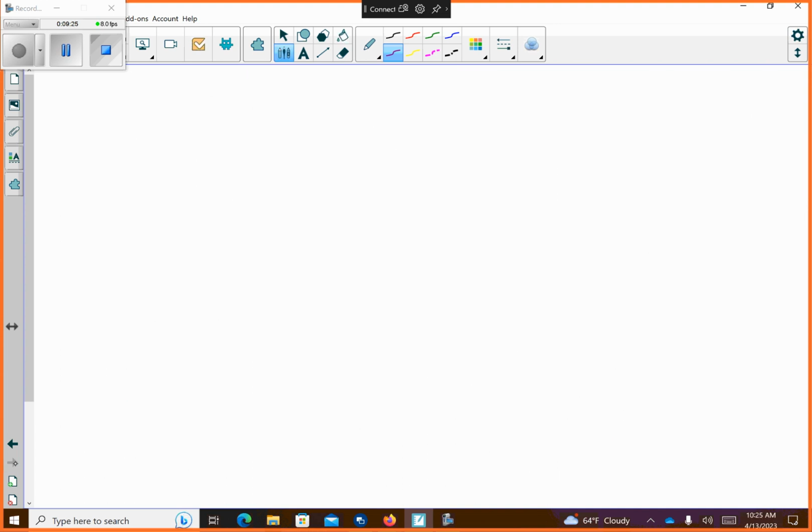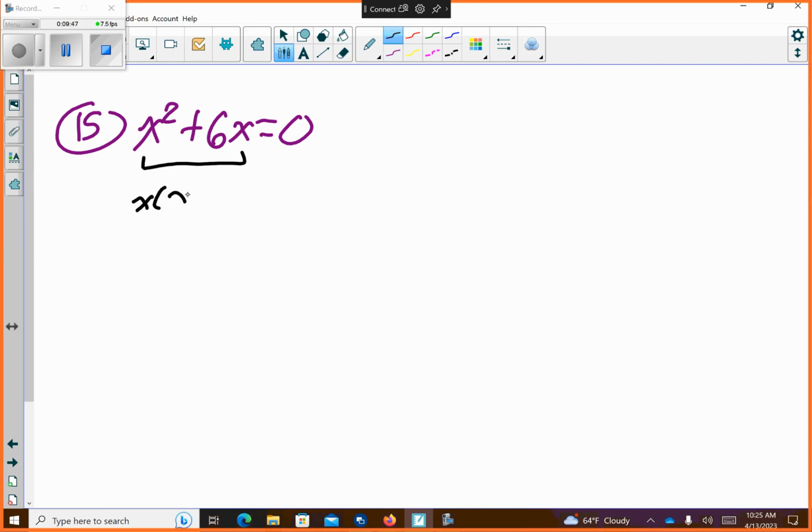So let's take a look at number 15. So I have x squared plus 6x equals 0. Hey, what's my c value got to be up here? My a value is 1, my b value is 6, my c value is 0. But this is a pretty simple problem to do. Just factoring it.